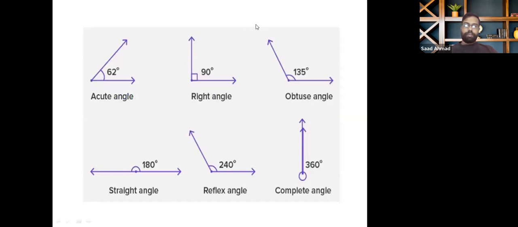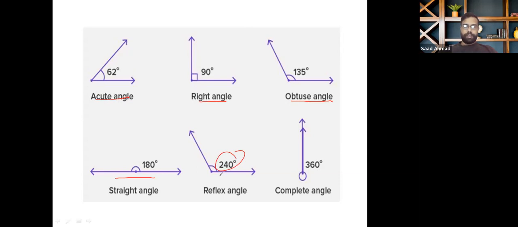Here are some examples. You see this is an acute angle, right angle, obtuse angle, straight angle. This one for the reflex angle is not correct. They have written 240, but sorry, this was not supposed to be here.